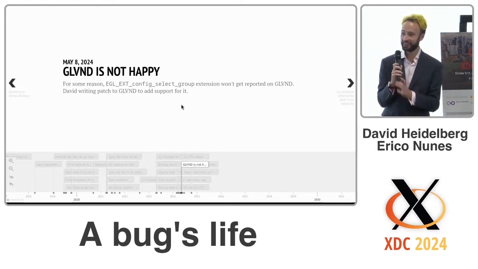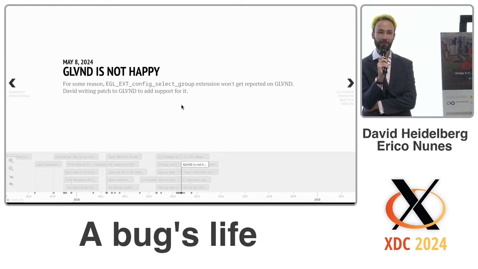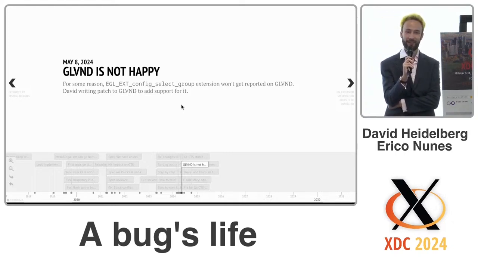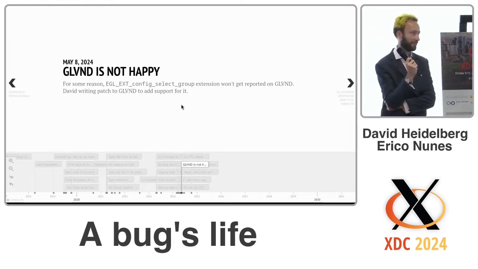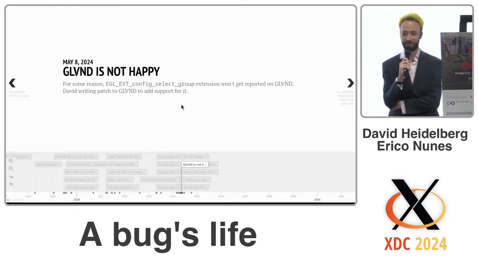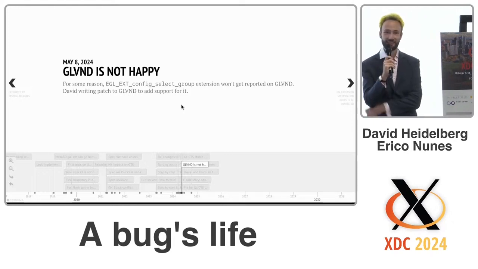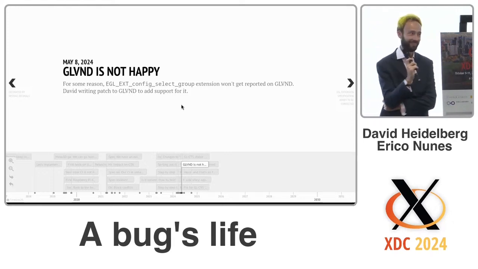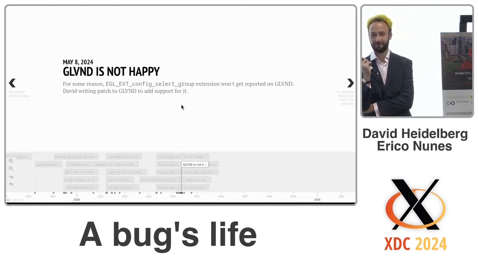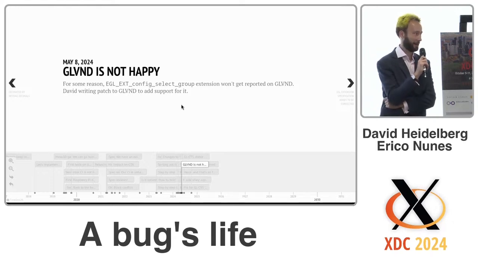Does anyone have a guess what it could be, why it was failing on that when everywhere else it worked? Okay, I will give you some hint. GLVND itself has some list of extensions. Well, okay, I will answer that.